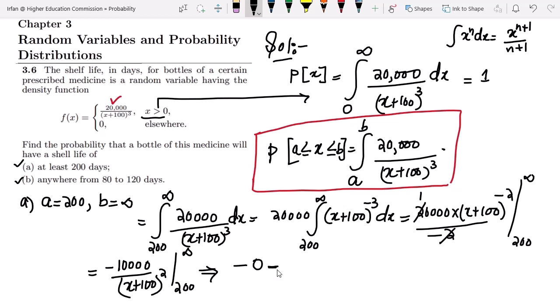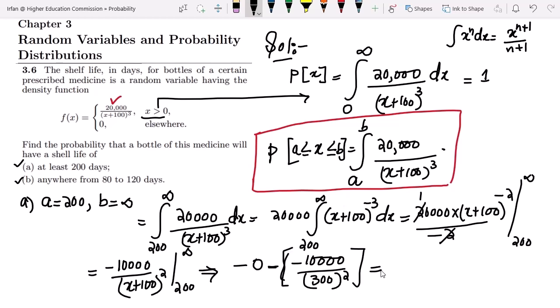Similarly, subtracting it from the other limit, putting the value of 200, I get minus 10,000 divided by 200 plus 100, which is 300, whole square.